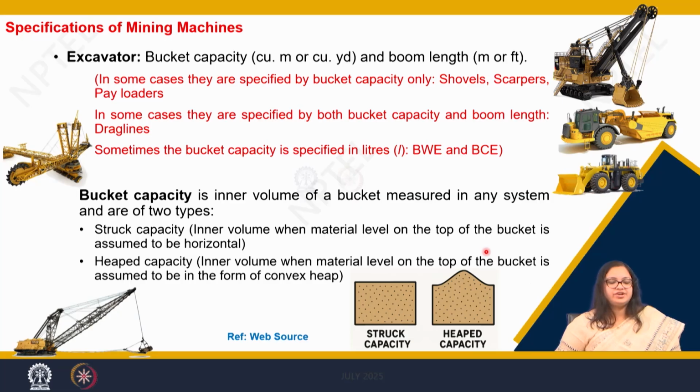For example, for an excavator, we specify it in terms of bucket capacity, which is in cubic meter or cubic yard, and boom length, which is either in meter or in feet. In some cases, only the bucket capacity is defined, like in shovels, scrapers or payloaders, and in some cases they are specified by both bucket capacity and boom length, like in draglines.